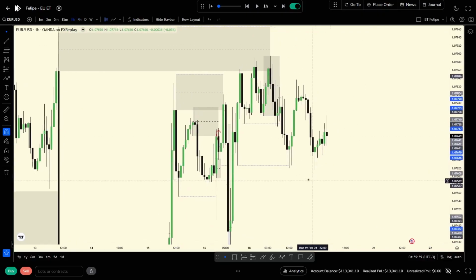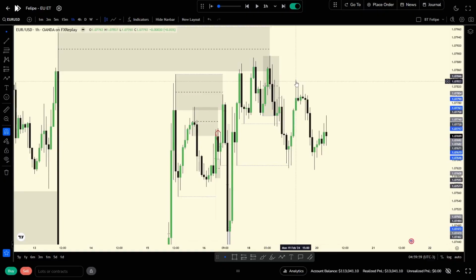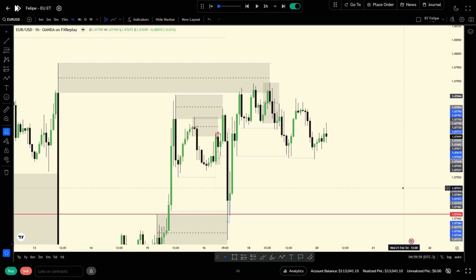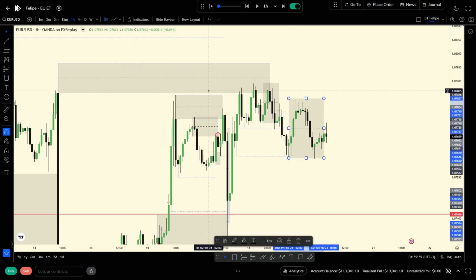Took this liquidity, retracement, BOS, 1 2 3 down. Now it's 4 to 5. Already tapped the 50.